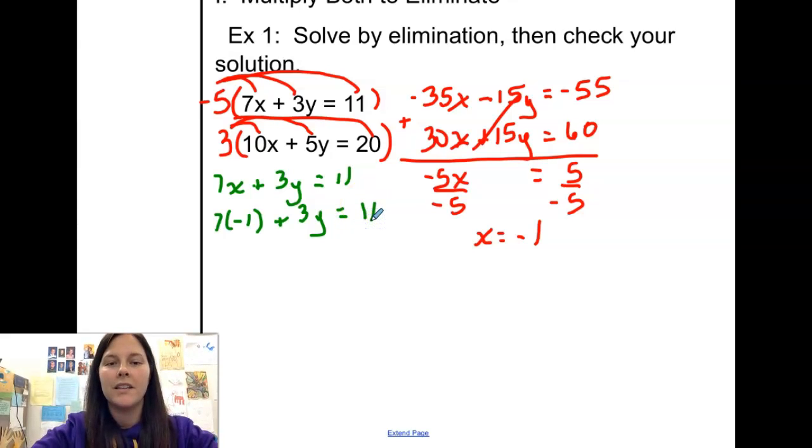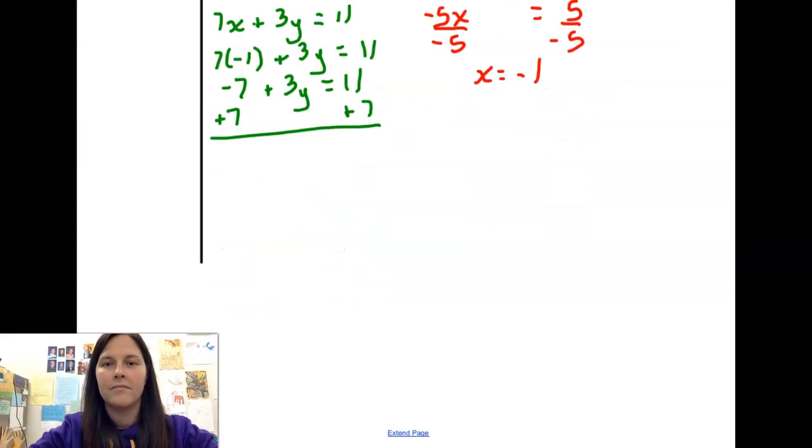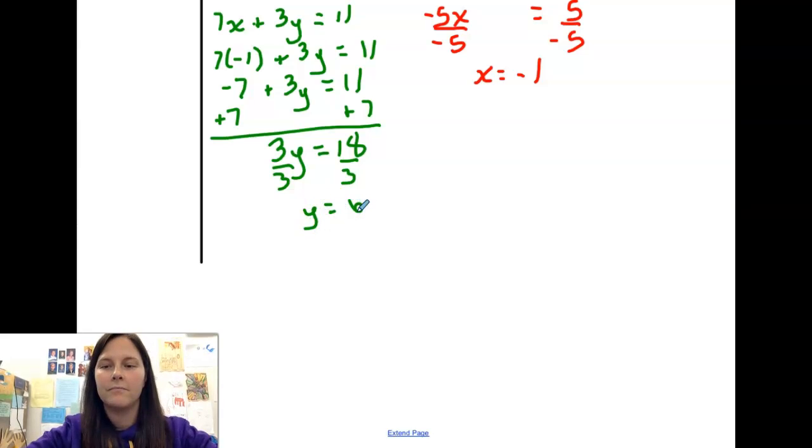I'll multiply that 7 by negative 1 first, canceling that negative 7 by adding, leaving me with 3y equals 18. Dividing both sides by 3 to get that y alone, and we get y equals 6.